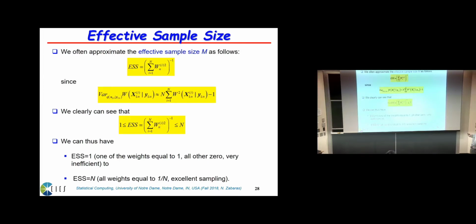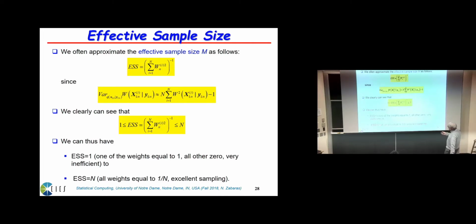There was a mistake on the previous slides that I think I corrected this morning. So this is capital W, the normalized weights. This is a relation of this term here with the variance of the normalized weights. And this effective sample size is between 1 and n.